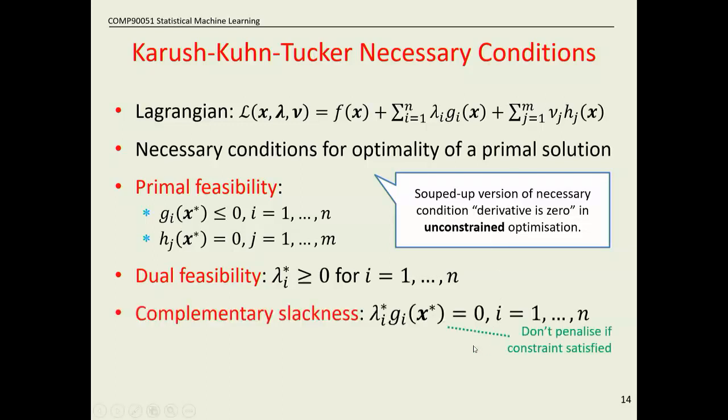Okay. And so this idea that either g needs to be feasible or lambda needs to be non-zero is represented by the condition called complementary slackness. The way to think about it is, if g is negative, we don't need to penalise, so we need to set lambda to zero, which means the product will be zero.